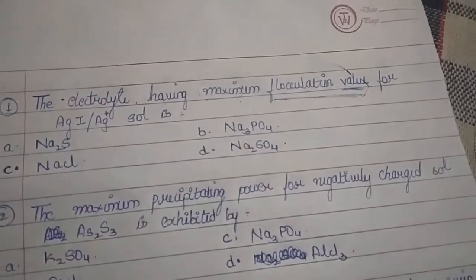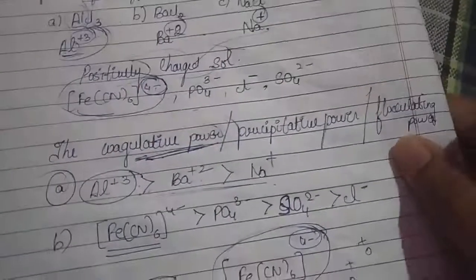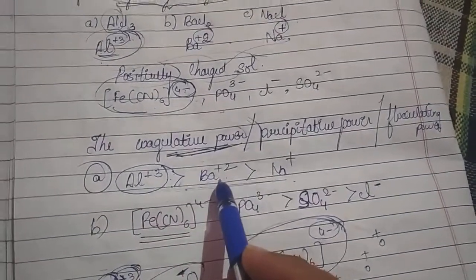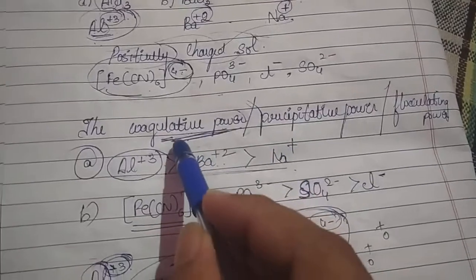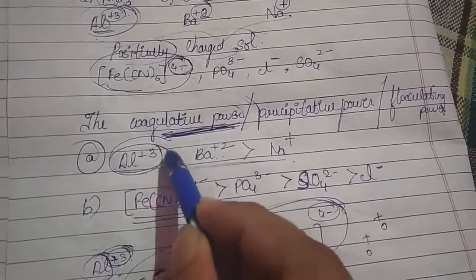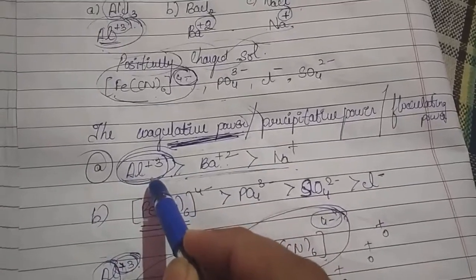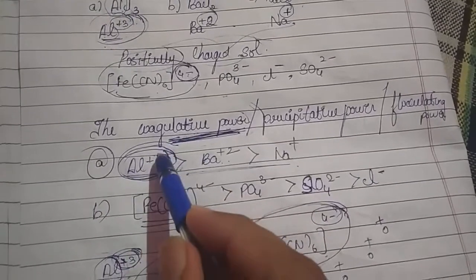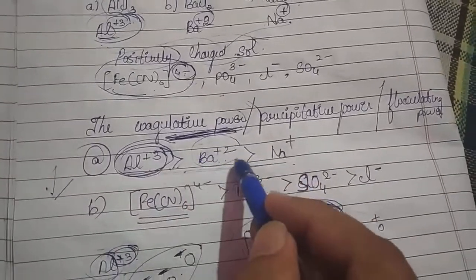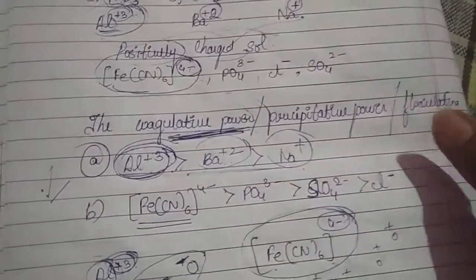When I used my Hardy-Schulze rule, do remember I wrote that Al plus 3 is greater than Ba plus 2, that is greater than Na plus, and that was with respect to coagulative power. The highest coagulative power was Al plus 3. So then what will the Al plus 3 coagulative value be? It will be the very least when compared to your barium and sodium.